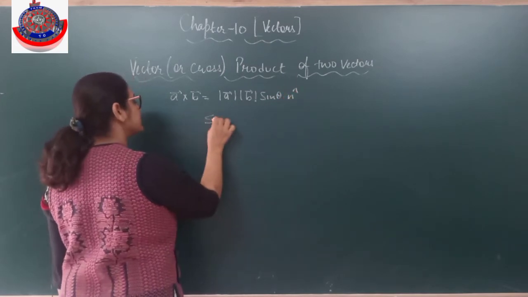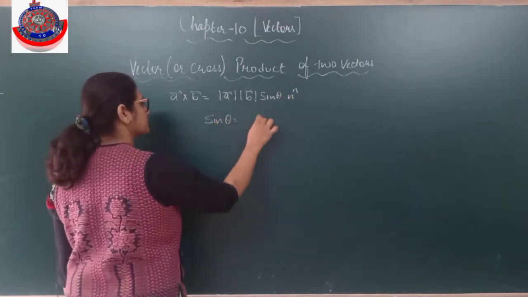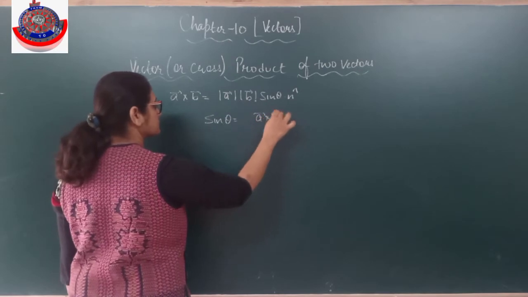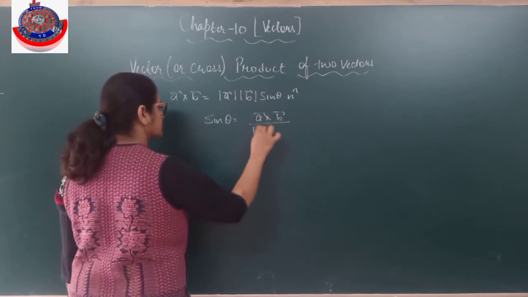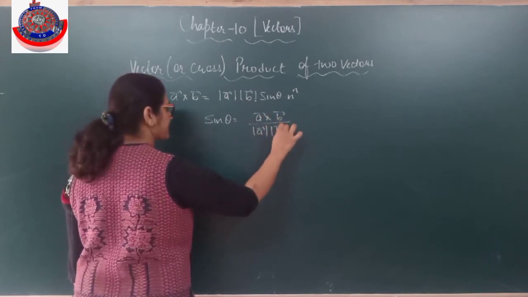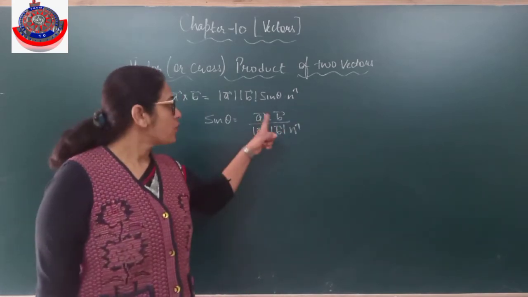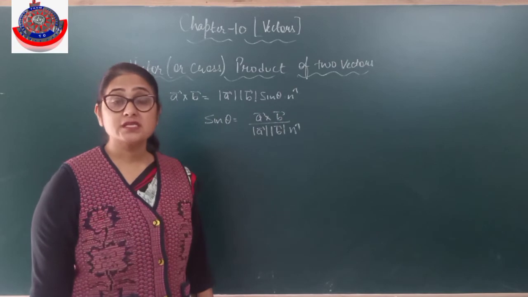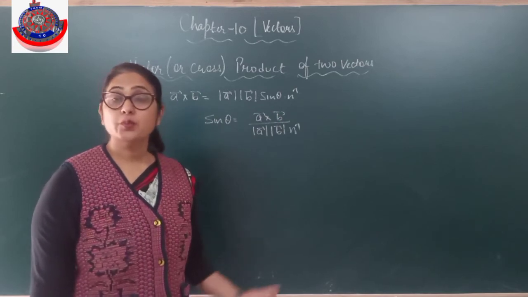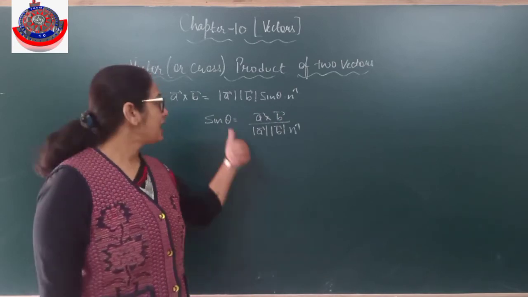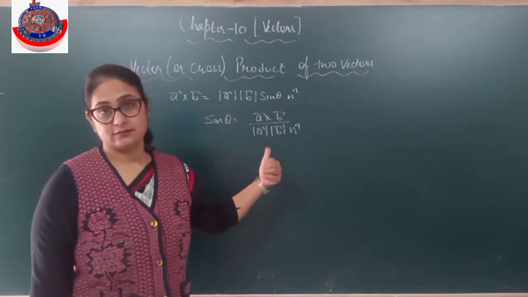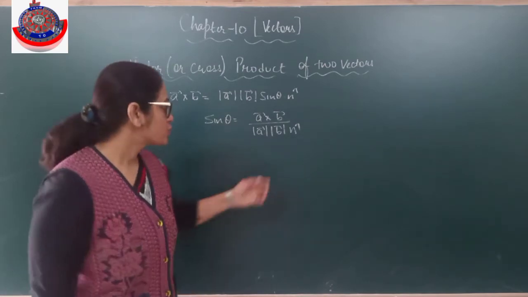So what will be sine theta? But there's a problem. A cross b is a vector, and sine theta is a scalar. So what do I need to do?